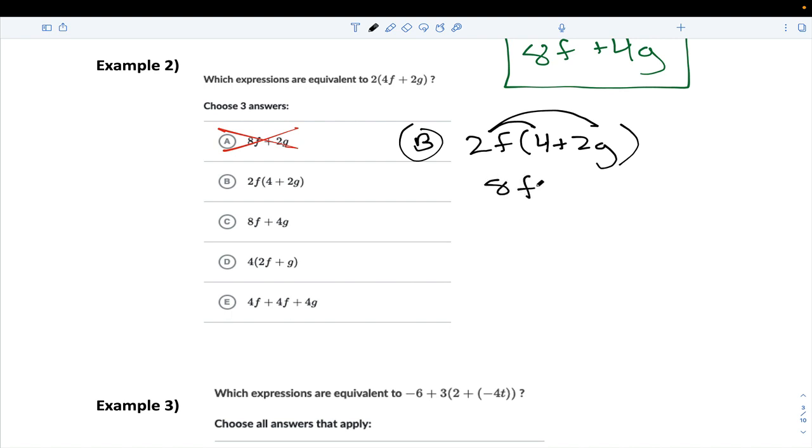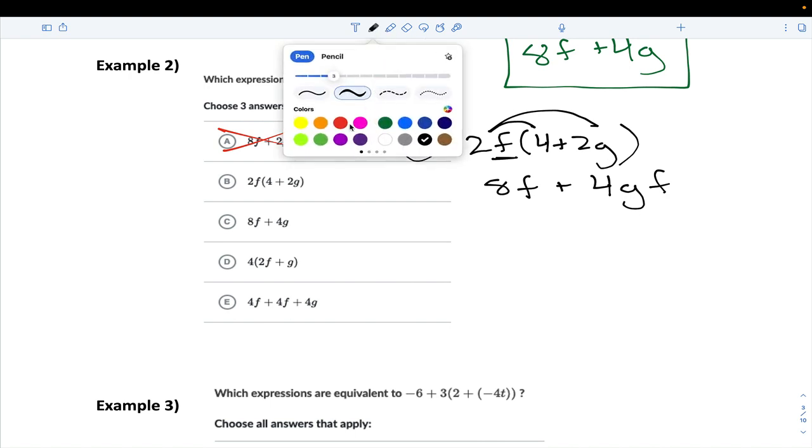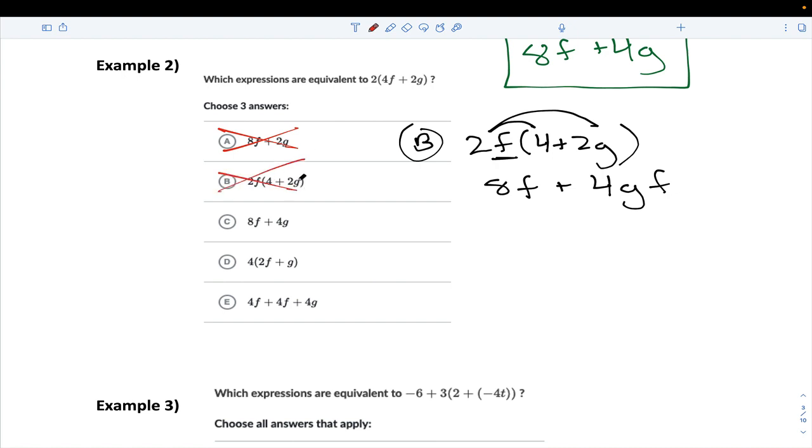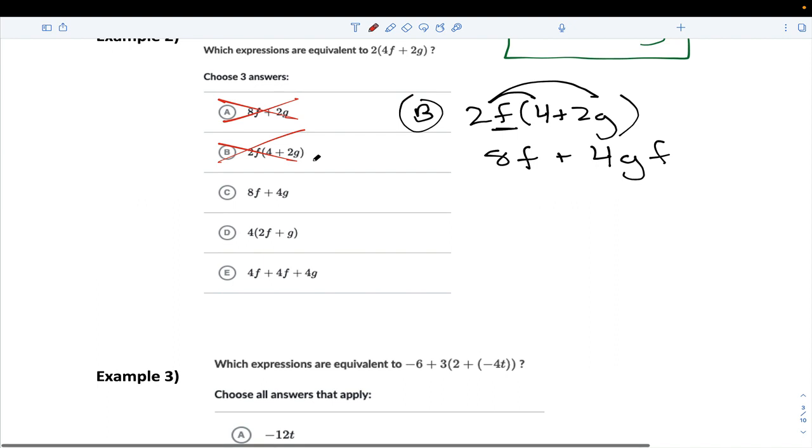What's 2f times 2g? Because there's an f there as well, you have to include it, and it's actually going to make something you haven't seen before. It's a double variable term. Gf is not the same as g. This one is really close, but we can't circle it. It's not exact. You can just ignore that, put it in your back pocket. You won't see that a lot in 7th grade. If you do get it, you've probably made a blunder somewhere.